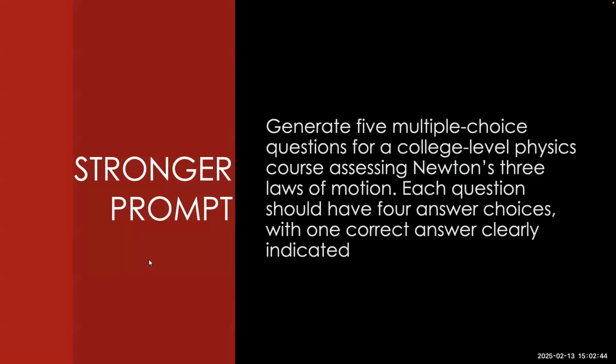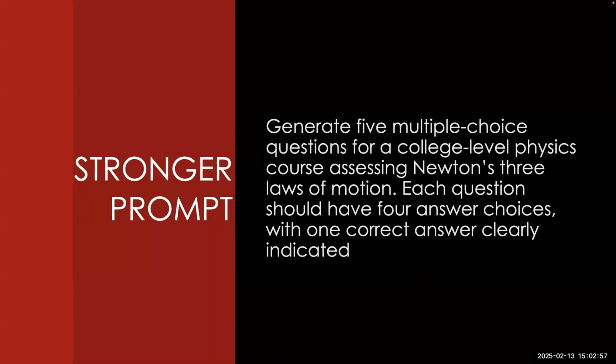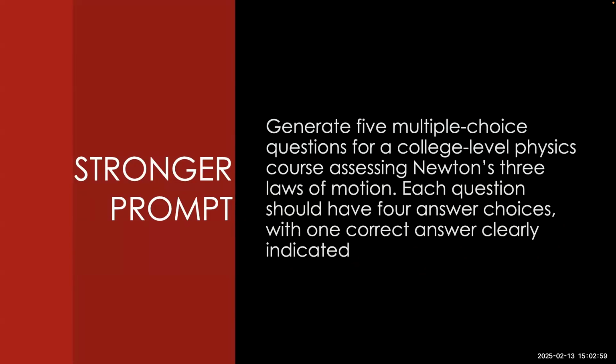And speaking of that specificity, what would be considered a stronger prompt? Same topic: generate five multiple choice questions. So maybe you're doing a bigger exam that's beyond Newton and you don't need nine questions on the laws. Maybe you just need three. I want one good college level question on each law. Tell it what it is you want.